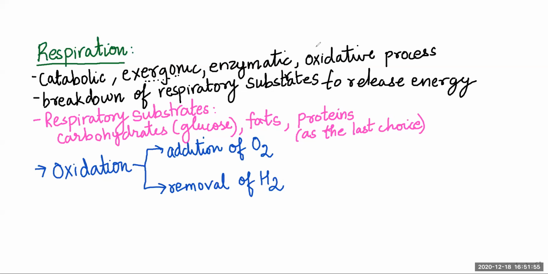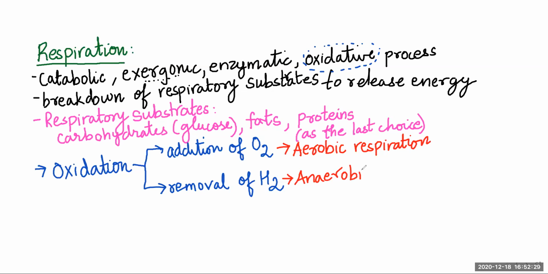So respiration is always an oxidative process. If oxygen is involved, oxygen from the environment is added during respiration. Oxygen is obtained from air. That is why it was also called aerobic respiration, where air was involved in respiration, oxygen was involved. When oxygen is not involved, that respiration is called anaerobic respiration.